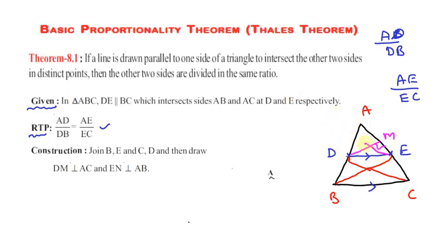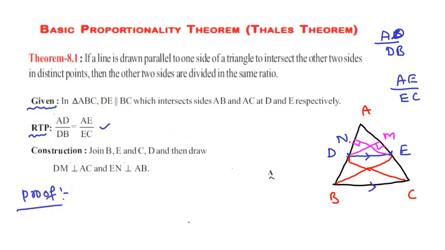Let us take this perpendicular line. This is EN. This is N.